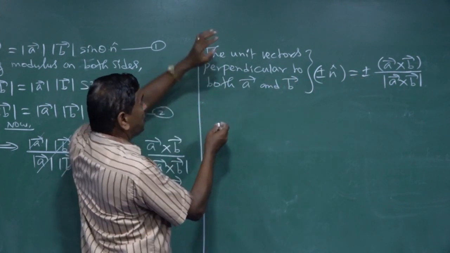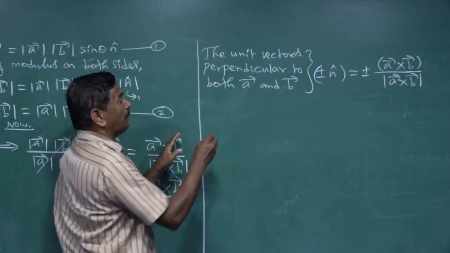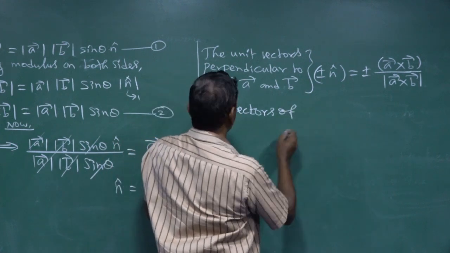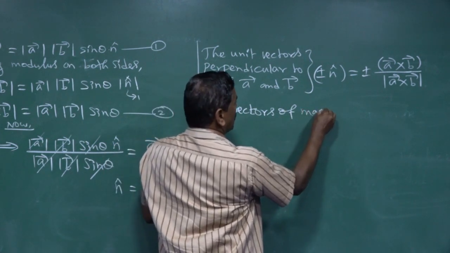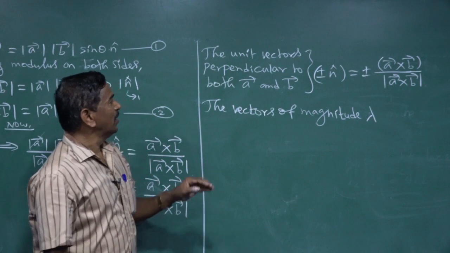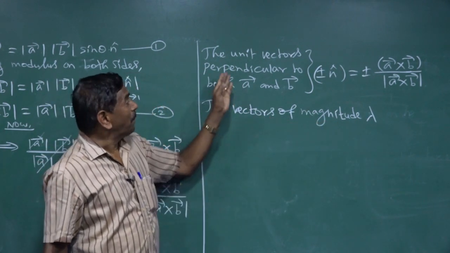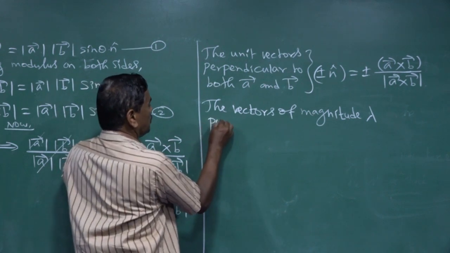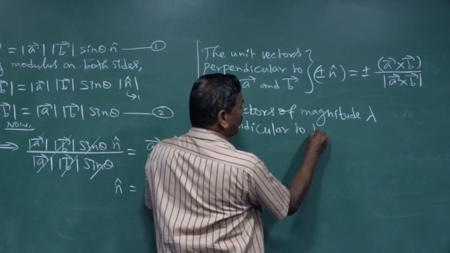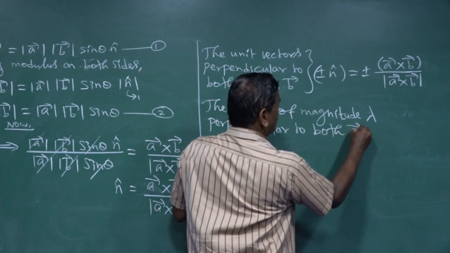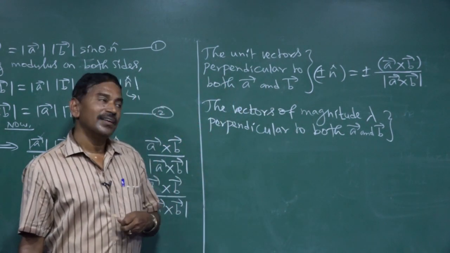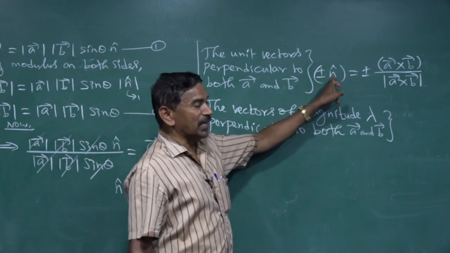Let us write one more formula for our convenience. The vectors of magnitude lambda perpendicular to both A vector and B vector are given by the formula plus or minus lambda into n cap, that's all.